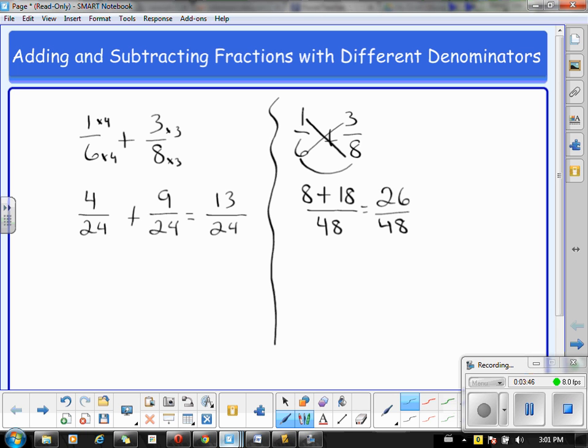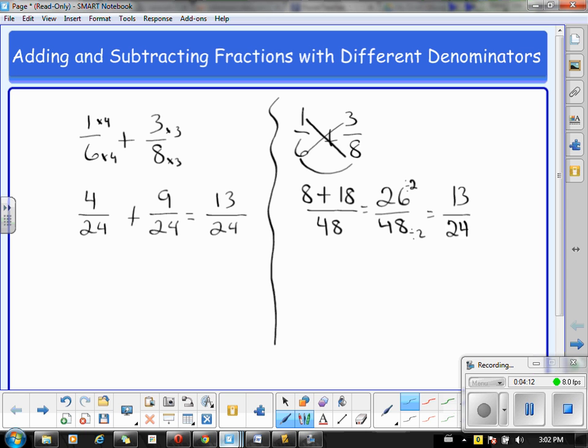That's my answer, but I have to realize that I need to reduce it now. I can take both parts of that fraction and divide it by 2. 26 divided by 2 is 13. 48 divided by 2 is 24. So just a different way of answering the question, but I still get the same answer, 13 over 24.